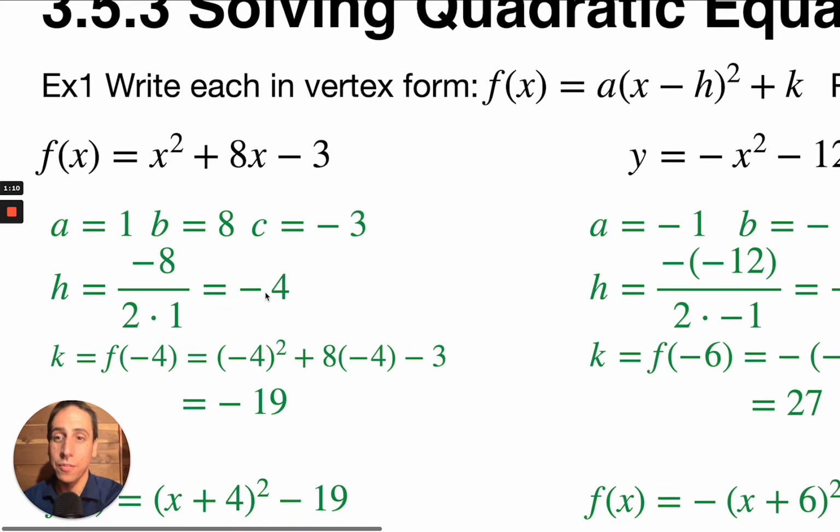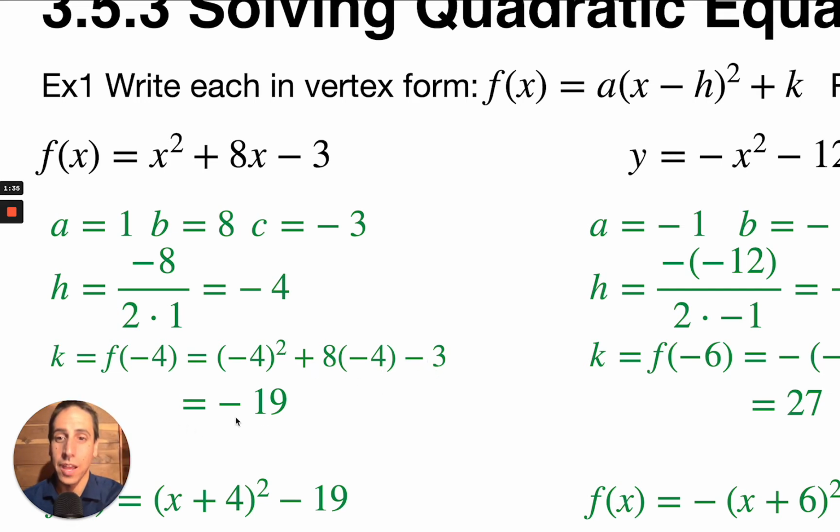You take that negative 4 and you plug it back into the function. You write negative 4 squared plus 8 times negative 4 minus 3. Calculate all of that out. Remember that negative 4 times itself is a positive number, 16. Then 8 times negative 4 is negative 32 minus 3.